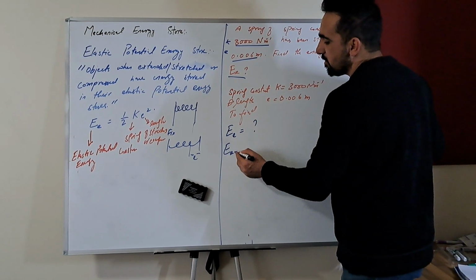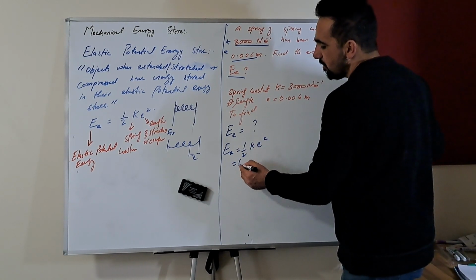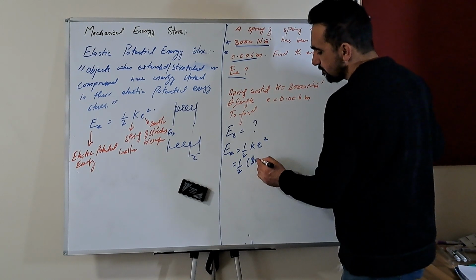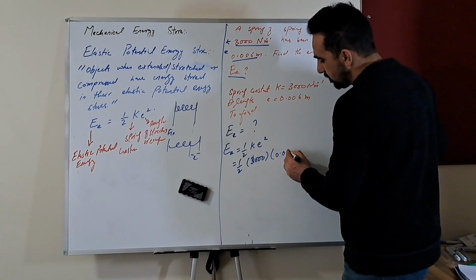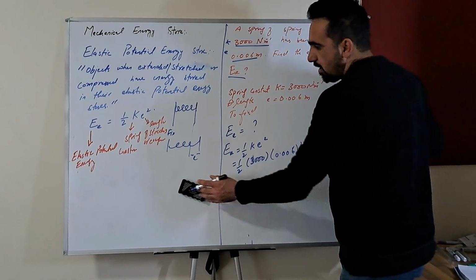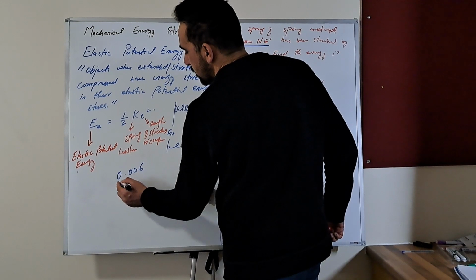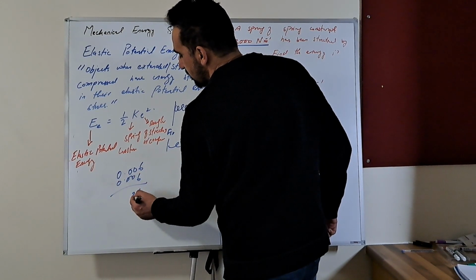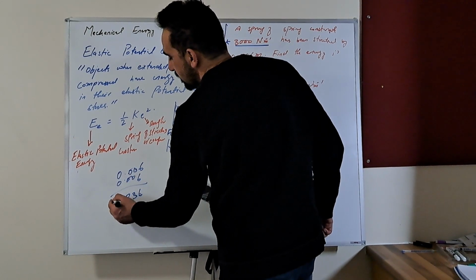So elastic potential energy is 1 by 2 k e squared. 1 by 2 is 3000 multiplied by 0.006 squared. So 0.006 times 0.006, 6 times 6 is 36, with six decimal places.